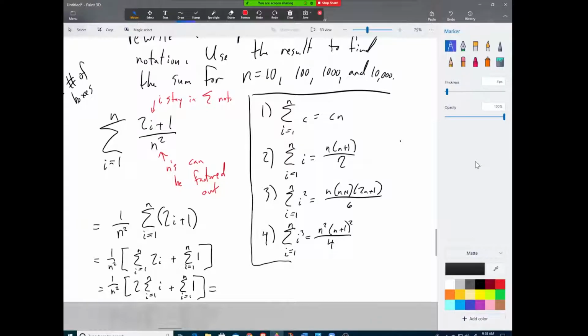And now what I love about this is now my summations look like the rules. I play with them until I can get something that looks like the rules.